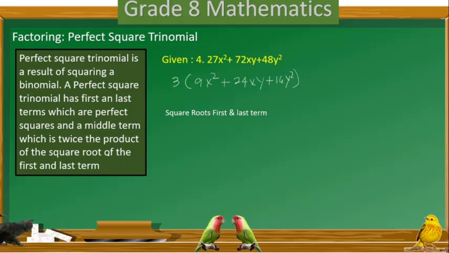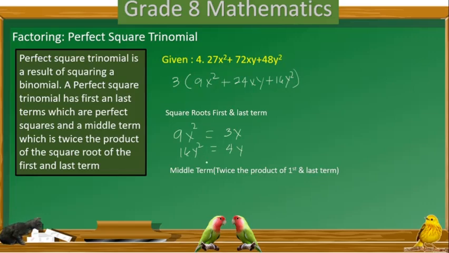For our first term, we have 9x squared. For the last term, we have 16y squared. So what are their square roots? For 9x squared, that is 3x. For this one, 4y. Then we will try if it is really a perfect square trinomial.